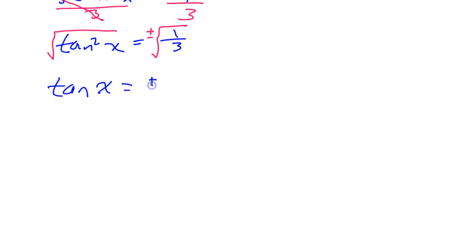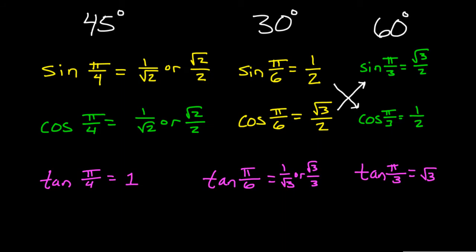I am simply taking the square root of 1 and the square root of 3 separately. The square root of 1 is 1, just plain old ordinary 1. And then the square root of 3, I can't do anything with it, so I'm going to have the square root of 3.